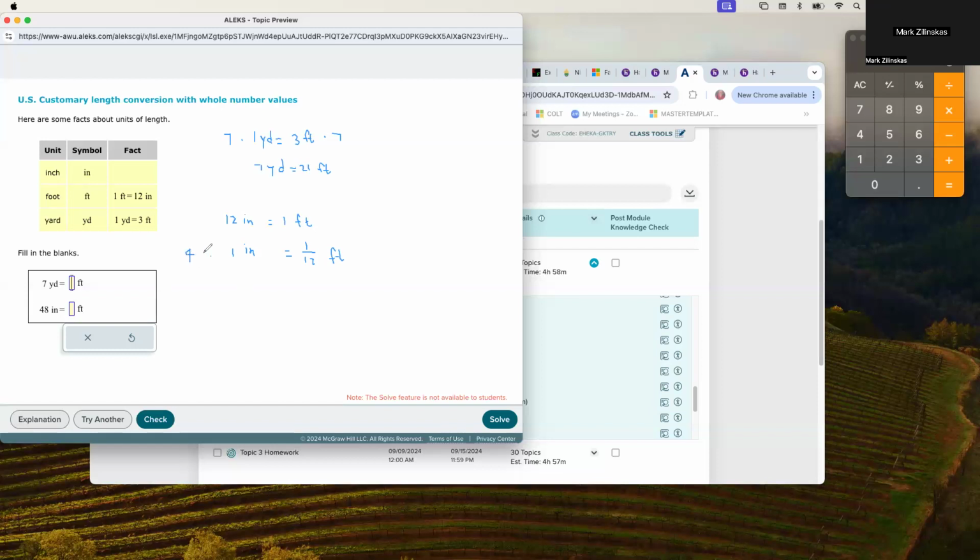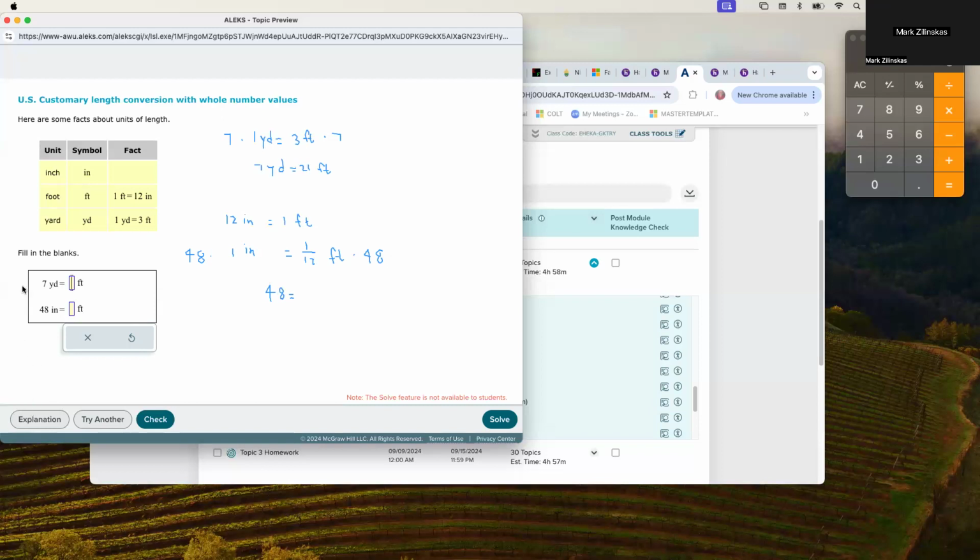So when I multiply by 48 on this side, I get what I want, which is 48 inches. And if you couldn't divide that in your head, you'd just come over to your calculator.